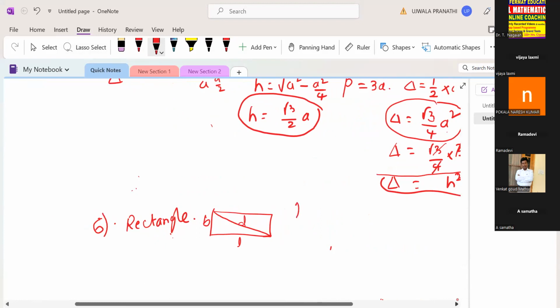Here nomenclature lo, L is the length, B is the breadth, and D is the diagonal.